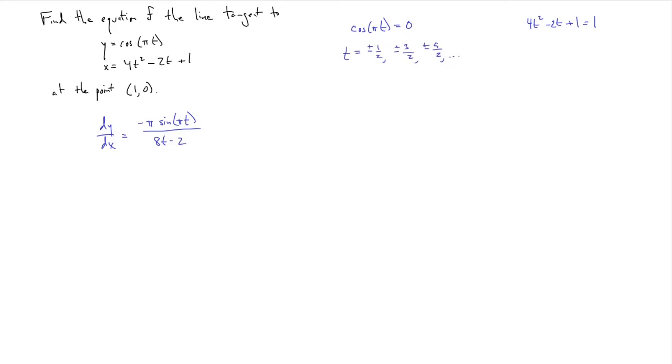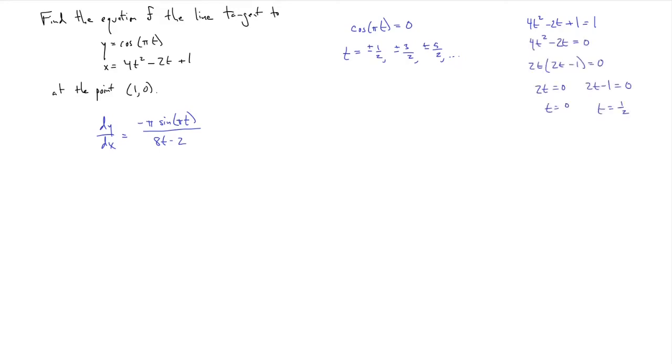And for what values of t is the cosine of pi times t equal to 0? Well, there are infinitely many solutions to that equation. t is positive or negative a half, positive or negative 3 halves, positive or negative 5 halves, etc. On and on like that forever.